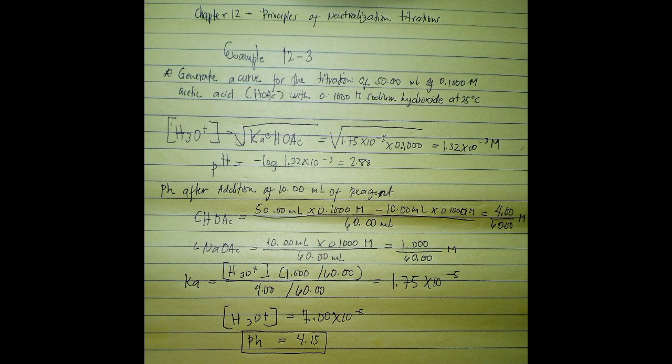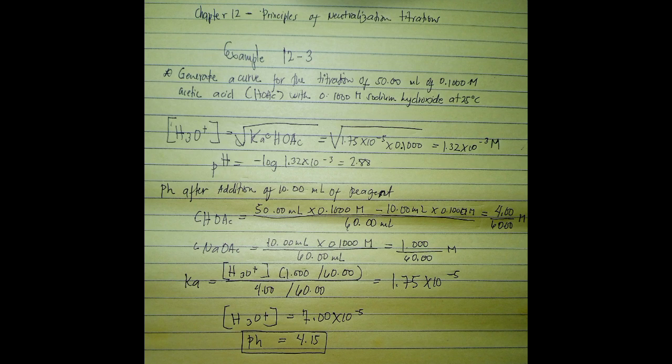So here we have the square root of 1.75 times 10 raised to negative 5 times 0.1000, which equals 1.32 times 10 raised to negative 3 molar. So the pH is equal to negative log of 1.32 times 10 raised to negative 3. So we got the answer of 2.88. That is the value of pH.